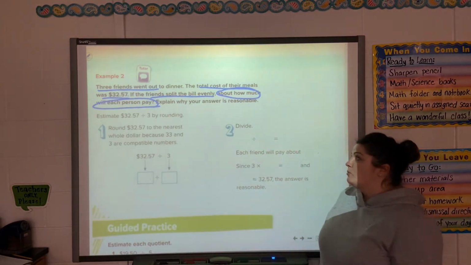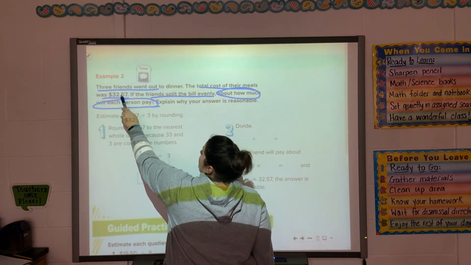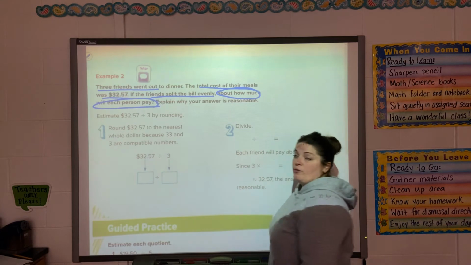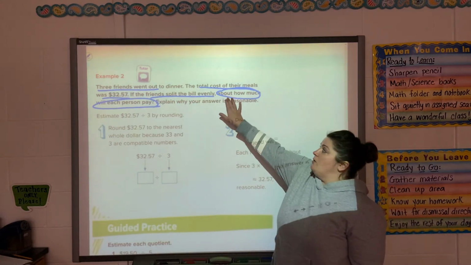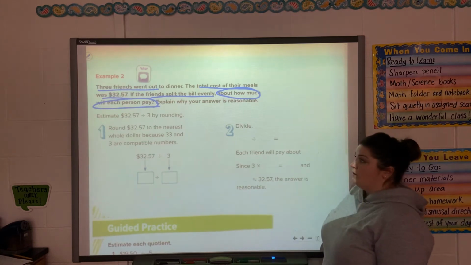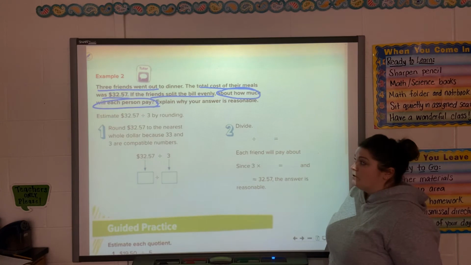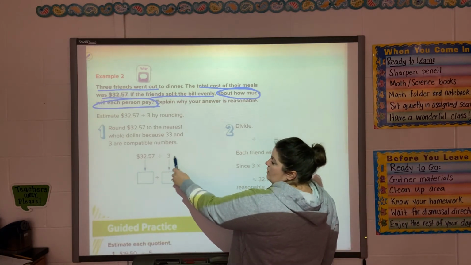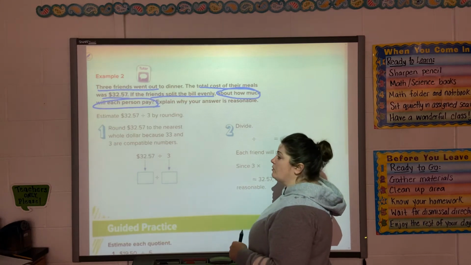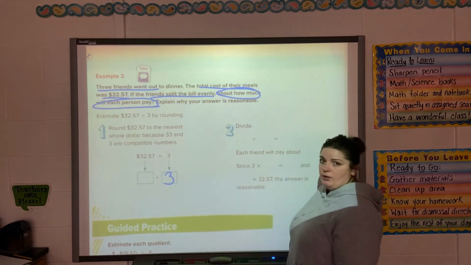Again, this is division because I know my total amount, and I'm splitting that total evenly by a certain number of ways. So we're estimating, because it says about, $32.57 divided by 3, so let's round. We always start with the divisor when we have estimation with division. 3 is already a simple number, so I can keep the 3.